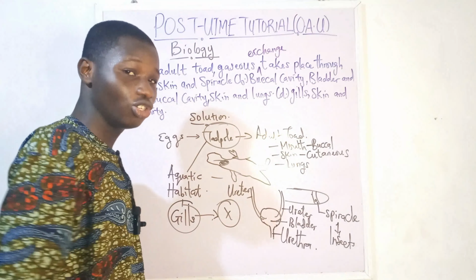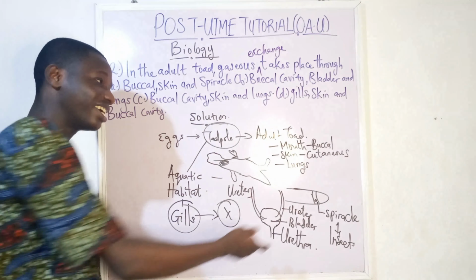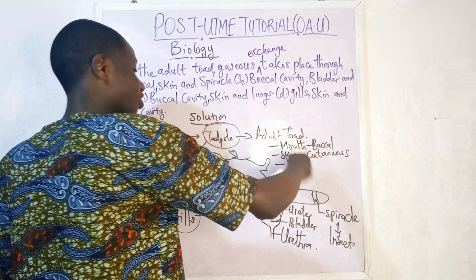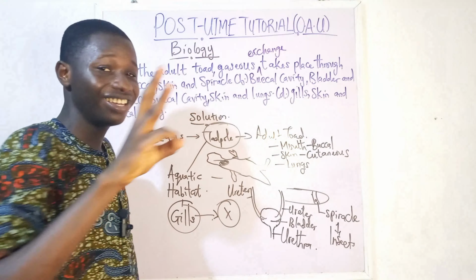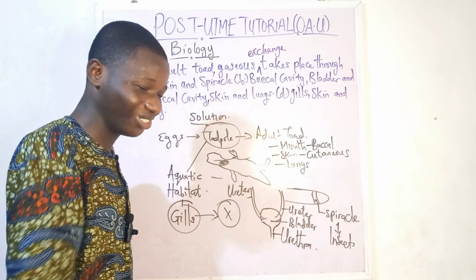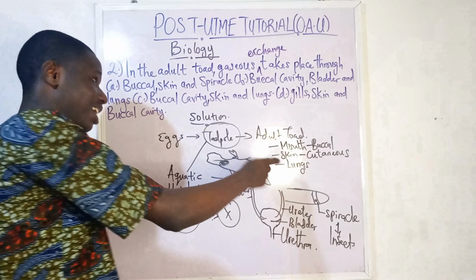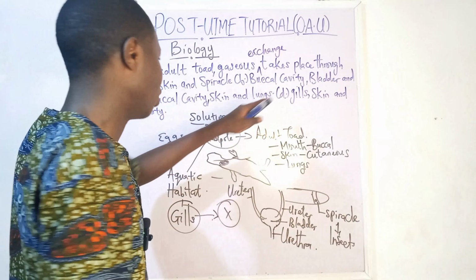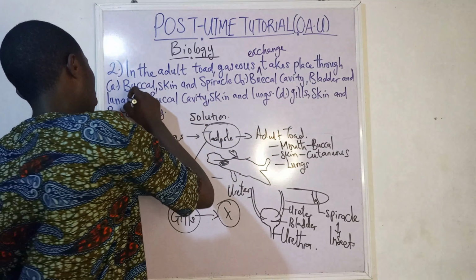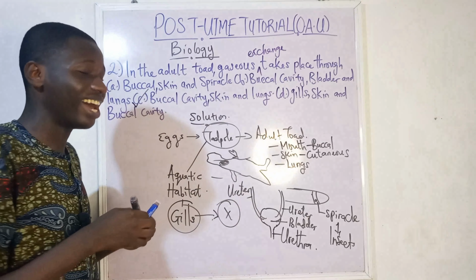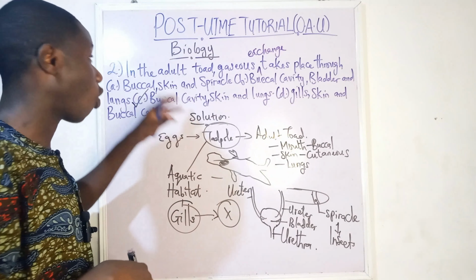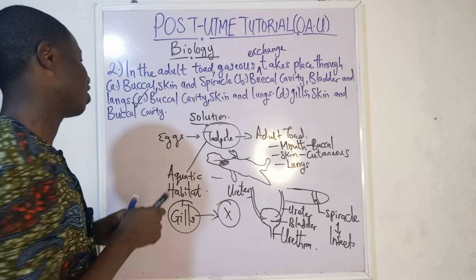So gills is no more applicable. Gaseous exchange occurs only in three organs, sorry, which are mouth, skin, and lungs. So option D also is wrong. Then our final answer is option C. That's where gaseous exchange occurs in an adult toad.